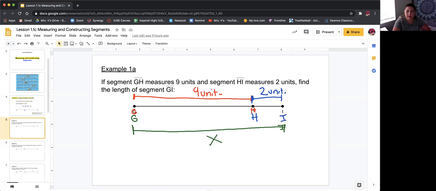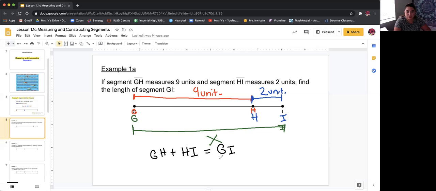In this case, I'm going to use X. Now, let's apply our postulate. Our first segment is GH, plus our second segment, HI, equals the entire segment, GI.